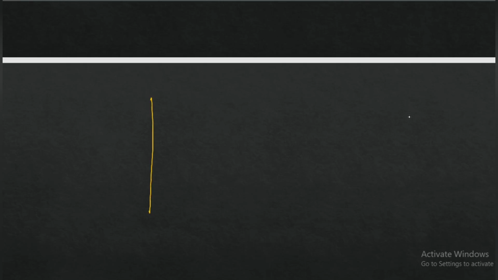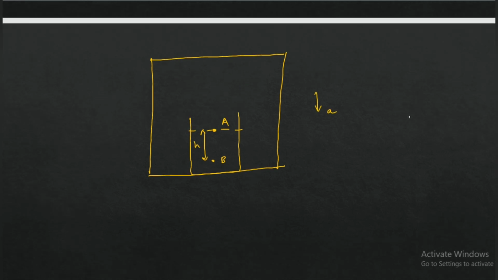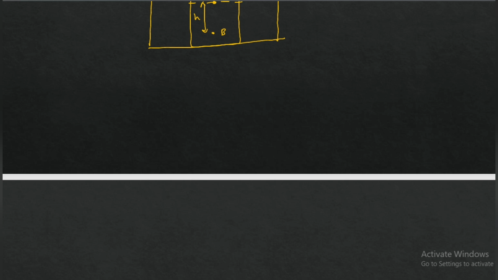Now, let's say the elevator is going downwards. Everything is the same, just the elevator is going downwards. Now what will you do? Do the same thing: just attach the observer to the container.